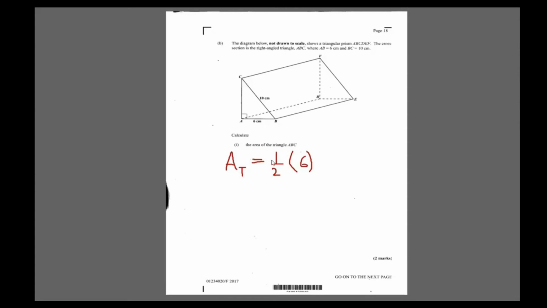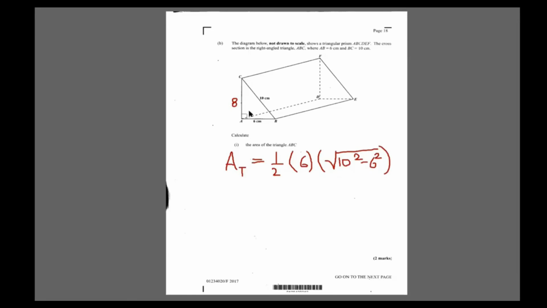The height is this side, but this is a right angle triangle, so we can find the height using Pythagoras Theorem. The height is the square root of 10 squared minus 6 squared, which is 8.